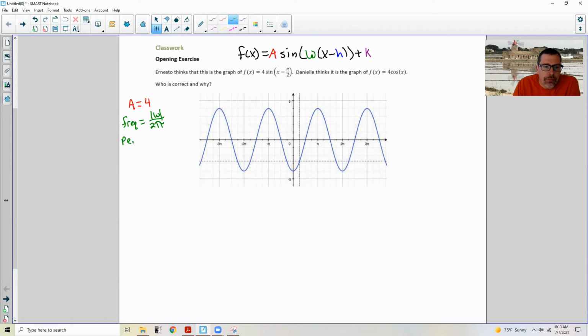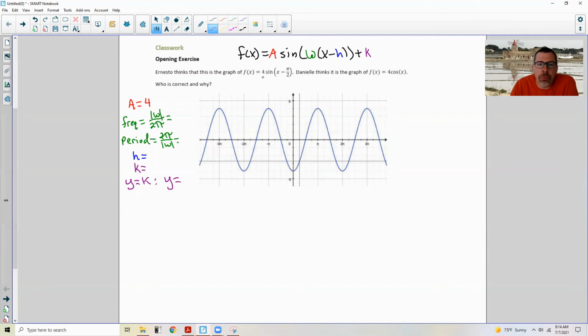Period is the inverse, 2 pi over the absolute value of omega. Okay. Phase shift is h. Vertical shift is k, and the midline is y equals k. So therefore, we get y equals something.